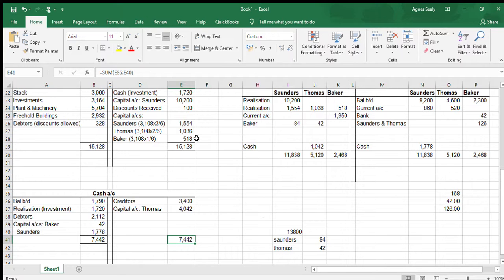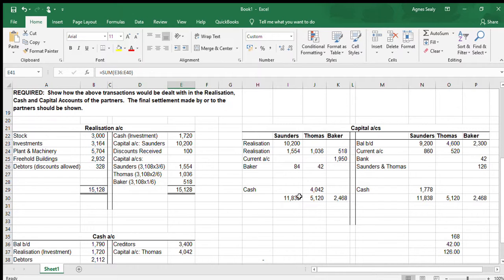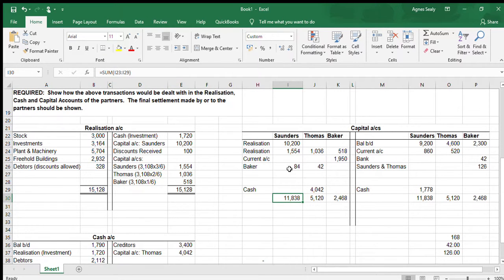Our realization account is closed and our capital accounts are closed. There are no balances on our capital accounts because our debit and credit sides add up to the same amount as well.